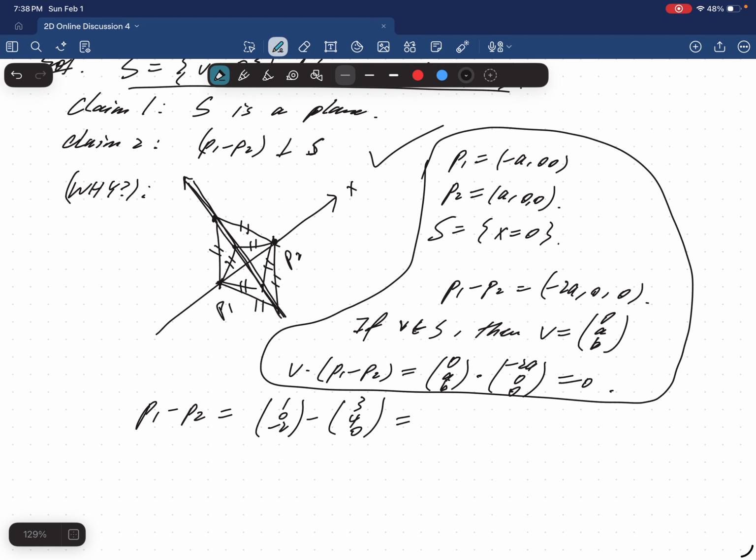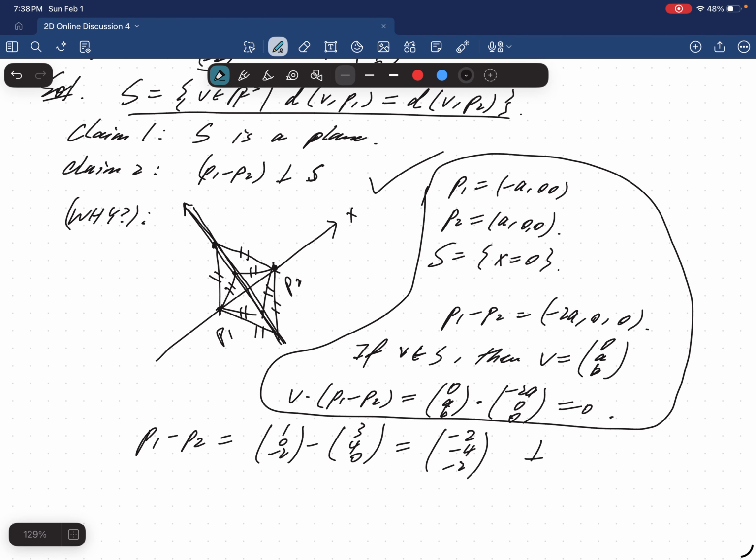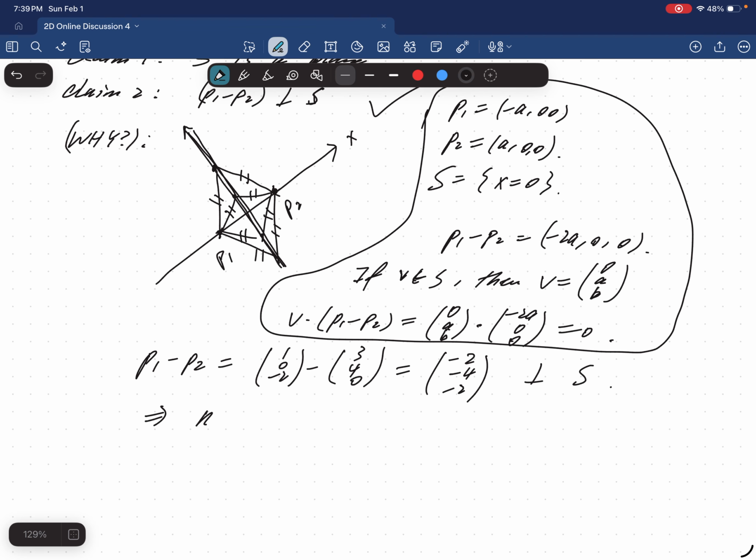And this is just going to be (-2, -4, -2). And since this is perpendicular to my plane S, this is just going to be my normal vector of S, right? So I can scale my normal however I want, so n equals (1, 2, 1) is the normal of S.